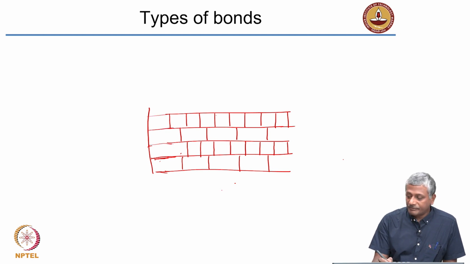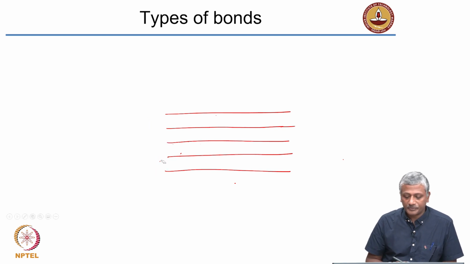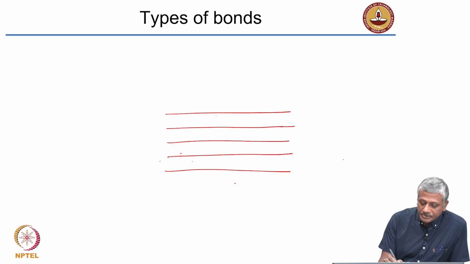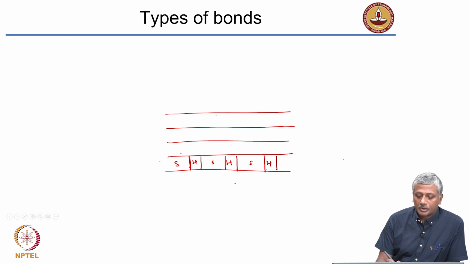So I want to now have a condition in which each layer has a stretcher and header. So I'll draw again the running length of the wall, that will be much easier for you to understand. Okay. So let's say I have a stretcher here, my first brick is a stretcher, this is followed by a header, then I have a stretcher, then again a header, then stretcher, header, and so on.